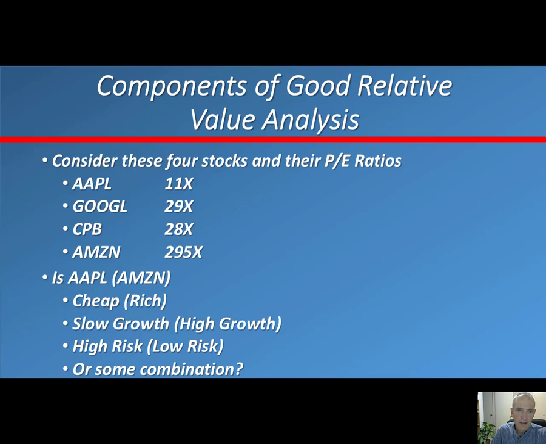Campbell's Soup, when I did this, was trading at 28. And today their PE ratio is 9. Now, why is that? We'll talk a little bit more about Campbell's Soup. And Amazon, when I did this, was trading at a ridiculous PE ratio of 295. Now their PE ratio is all the way down to 95, and that's not because their stock price has come down.